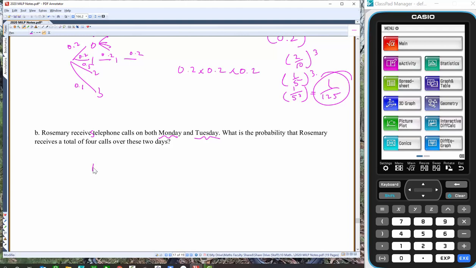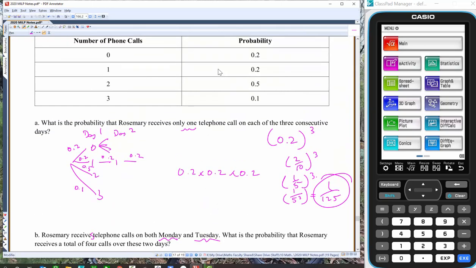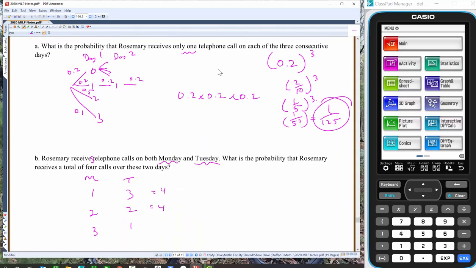She could get 1 phone call on Monday, and Tuesday is 3 phone calls. She could get 2 phone calls on Monday and 2 phone calls on Tuesday. That equals 4. And she could get 3 phone calls on Monday, 1 phone call on Tuesday. I think they're the only ways I can make 4 phone calls. Yes.